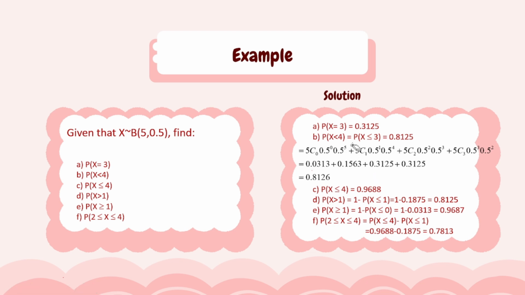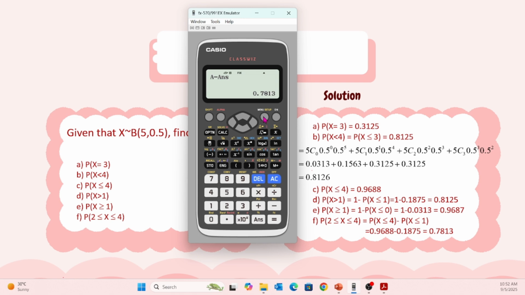So probability of x less than 4 is equal to the probability of x less than or equal to 3. Then in your binomial CD, menu 7, go down, binomial number 3, binomial CD number 1, variable.